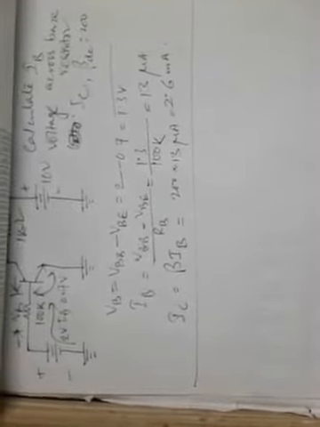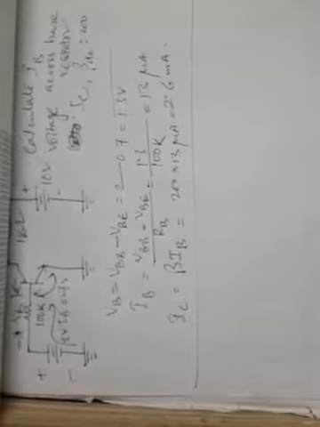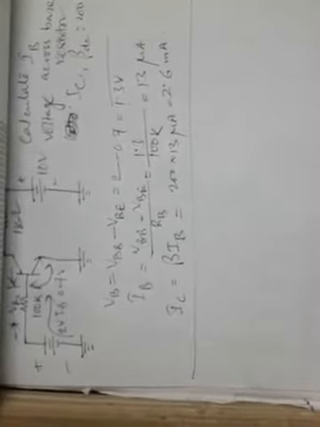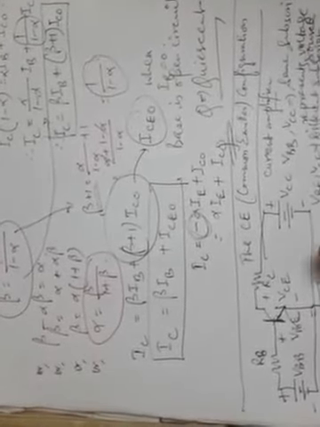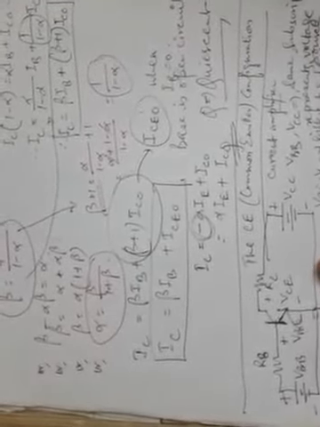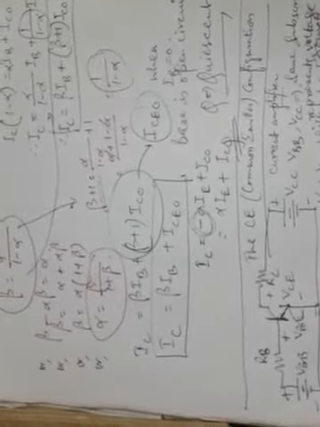Now let us see the output characteristics of common emitter mode, that is the collector characteristics. But before going to the plot of collector characteristics, let us first once again recapitulate the output loop of the common emitter circuit.